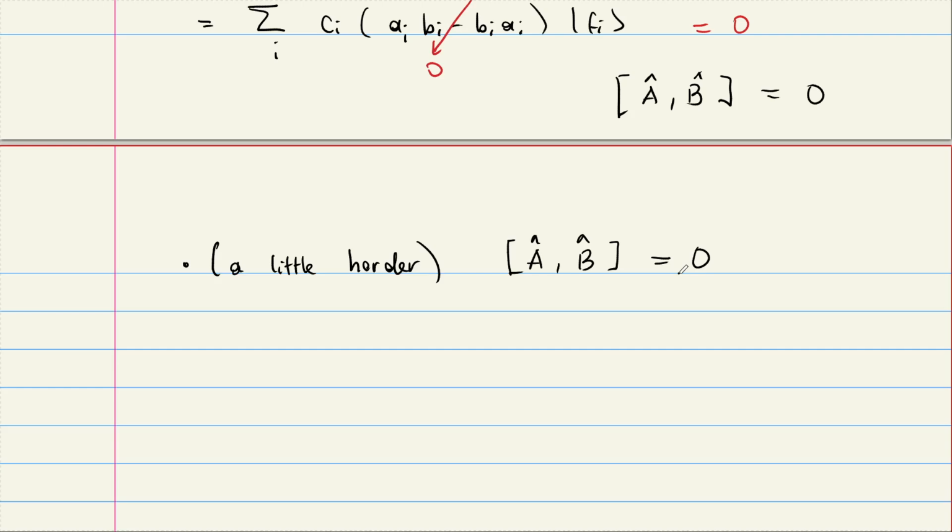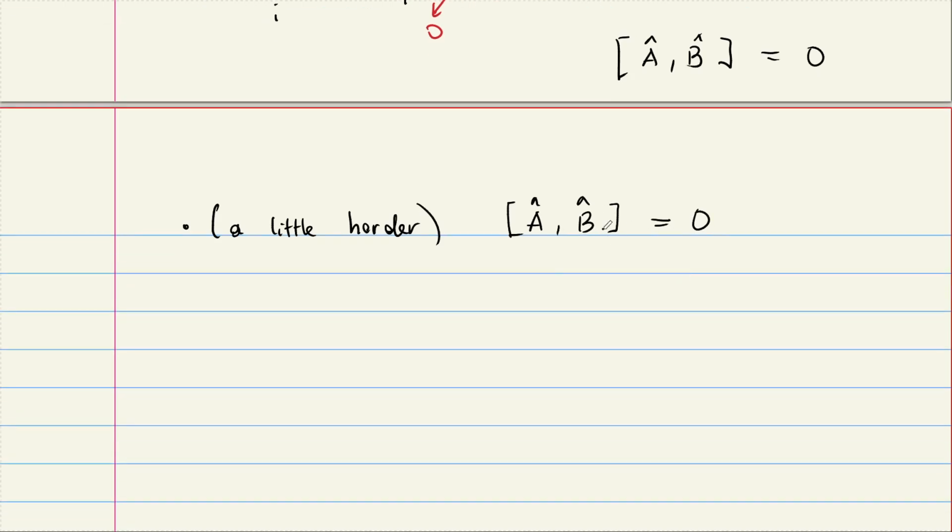So let's pick one. B itself is going to have an eigenbasis. Let me call this B times f, and typically it's good to label the eigenstates with eigenvalues, but to not have clutter, let me not do it for the moment.